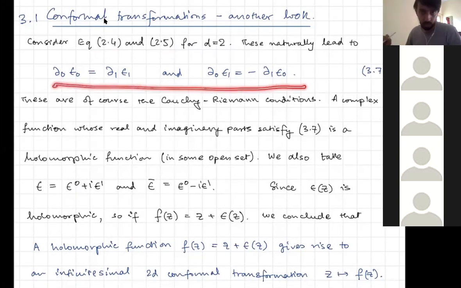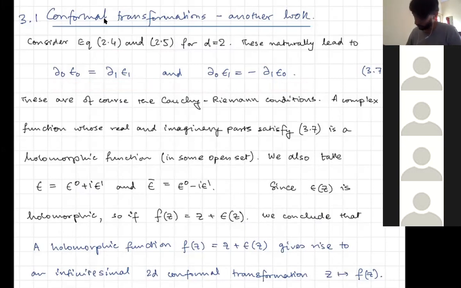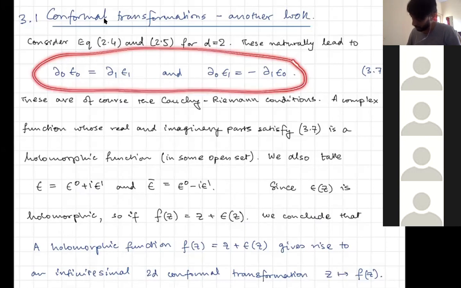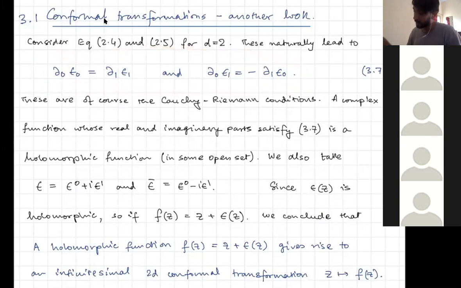These are our Cauchy-Riemann conditions. As you would know, a complex function whose real and imaginary parts satisfy this equation will be a holomorphic function in some open set.